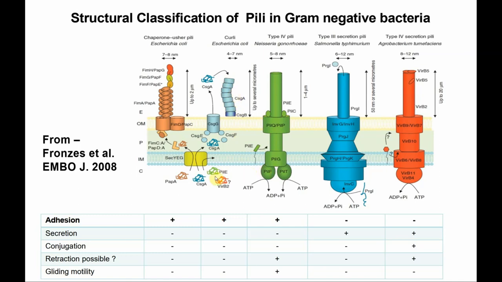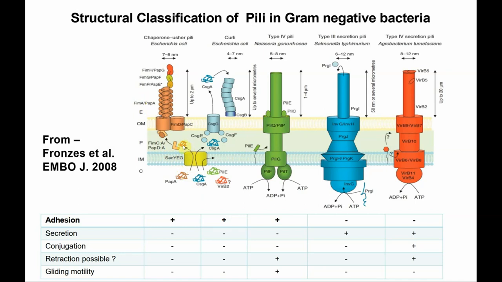Now, how are these things formed? They're both anchored on the outer membrane. Okay, so they don't start down here in the plasma membrane, they're anchored in the outer membrane. Now for chaperone usher pili, the main filament subunit, so FimA or PapA, they are secreted co-translationally into the periplasm.